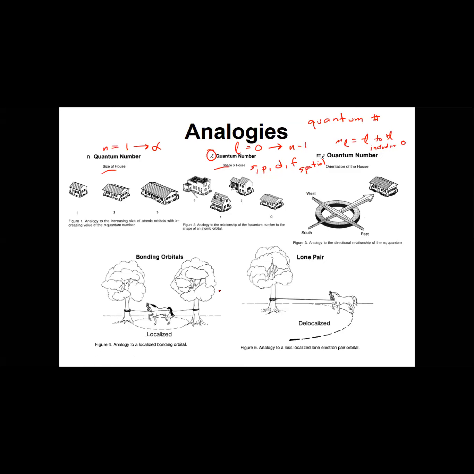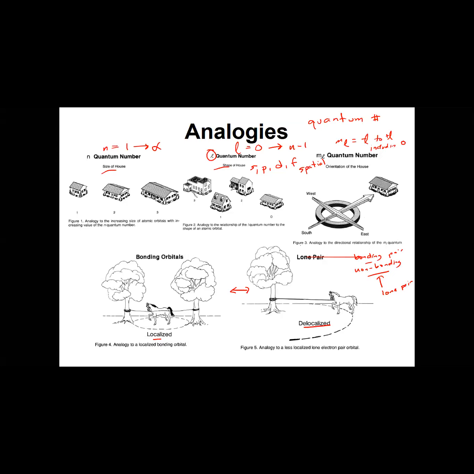Now, this one pertains to the so-called delocalized and localized electrons. In chemistry, you have this concept of bonding and non-bonding pairs. Non-bonding pairs are your lone pairs. They said if you have a lone pair, you have a delocalized electron.